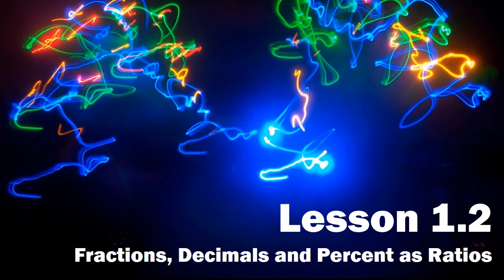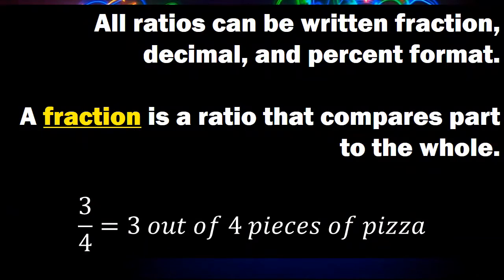So here for lesson 1.2, we're going to talk about fractions, decimals, and percent as ratios. We know that all ratios can be written in fraction, decimal, or percent format. A fraction is a ratio that compares a part to a whole.